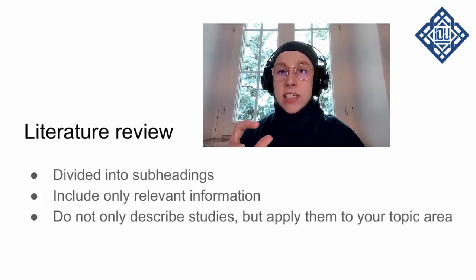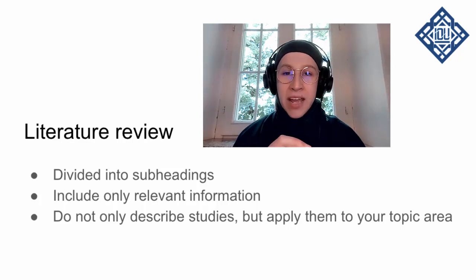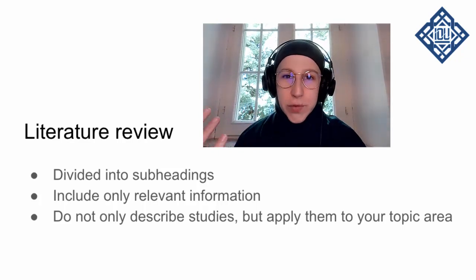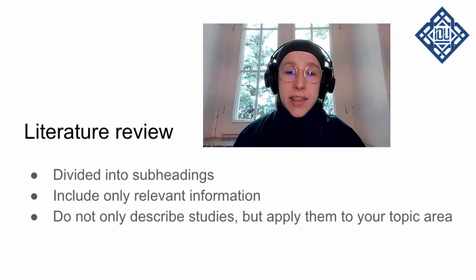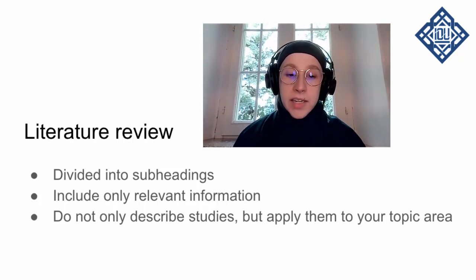And these are just lists of articles. This is incoherent and doesn't let the reader understand why you are listing these articles. If you just provide a list, what is the point? What is the bigger picture? So please always try to apply them to your topic area.